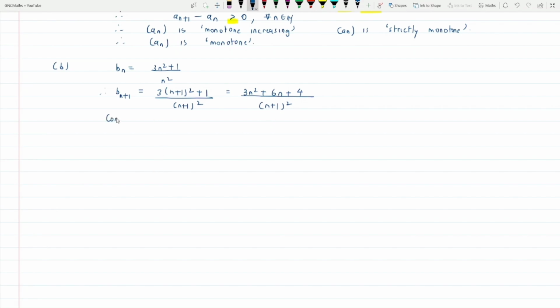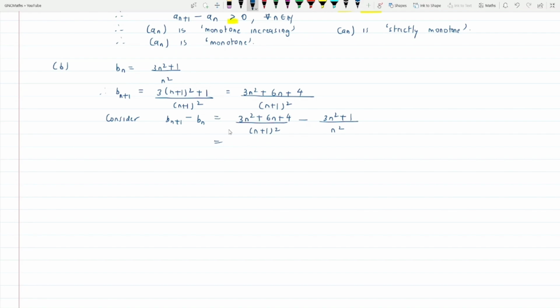Now again, we need to take the difference of Bn plus 1 and Bn. So that is going to be 3n squared plus 6n plus 4 divided by n plus 1 squared minus 3n squared plus 1 divided by n squared.